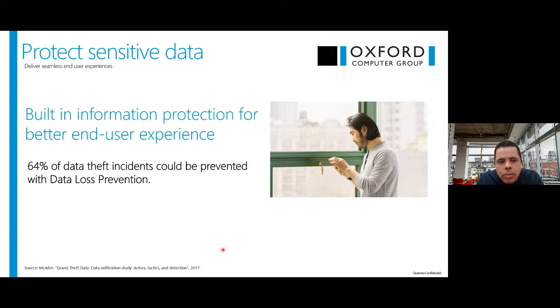But do we know how they're saving that information? And this is where Microsoft data loss prevention comes in. It's great, again, to secure that information, but if users can easily share it out to other locations and there's no way to track where that information is, then it kind of defeats the purpose.